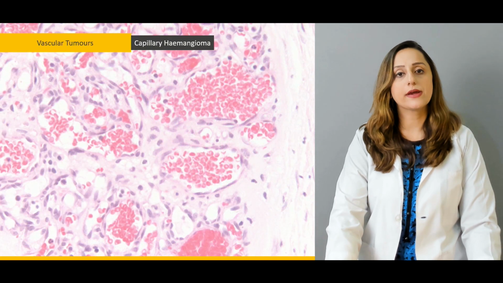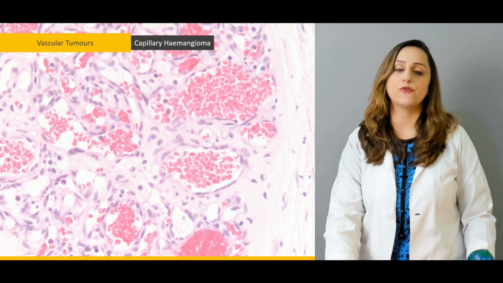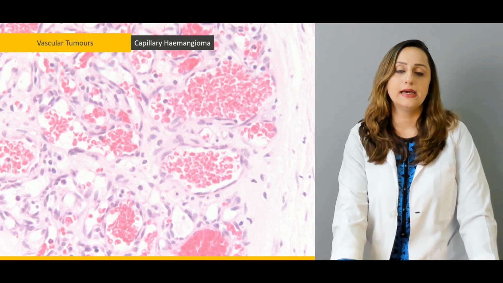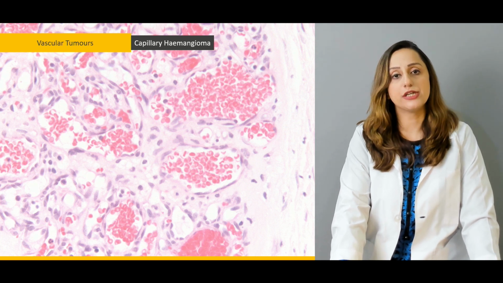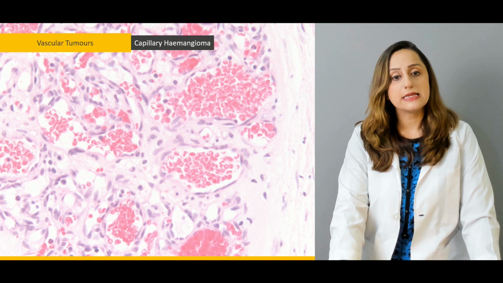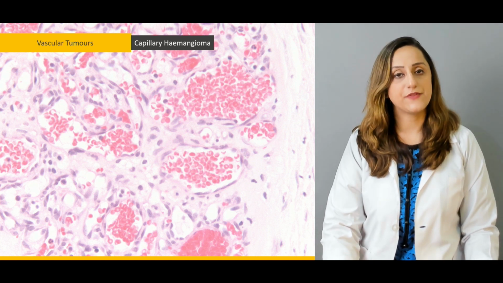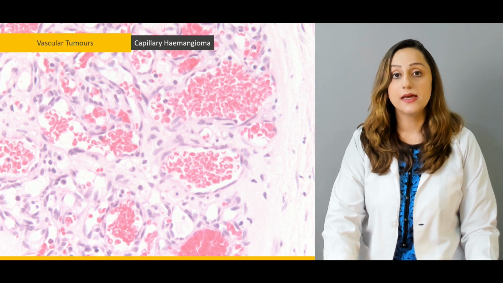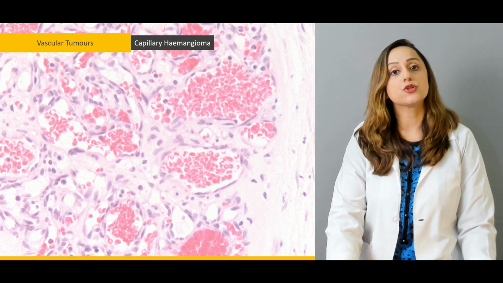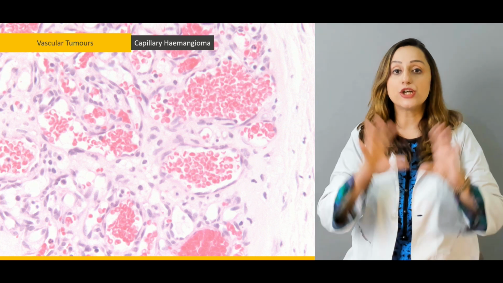Now, we have already dealt with the developmental phases. Now we're going to move on to the vascular tumors. Broadly, we can classify the vascular tumors into the hemangiomas on one hand and the lymphangiomas on the other. This is the broader classification.